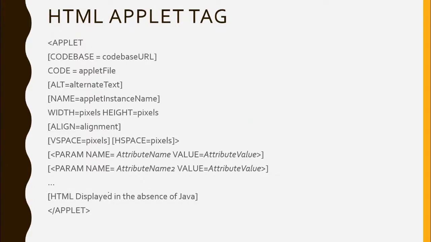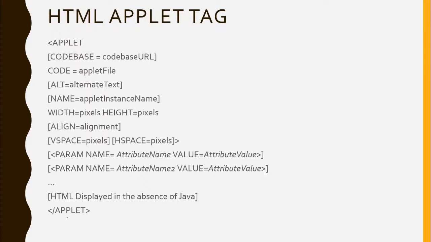HTML can be displayed in the absence of a Java applet, so this can be done. These applet tags are used, as I showed in one of the previous examples. What did I use? The applet tag, the code base, the width and height.